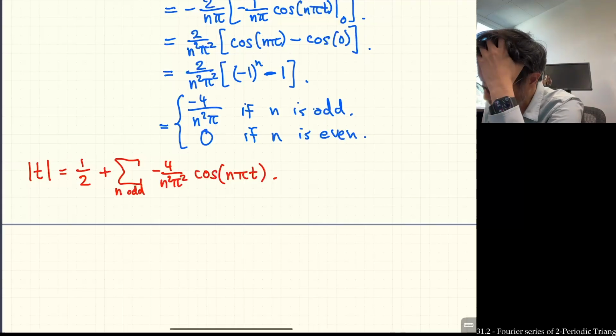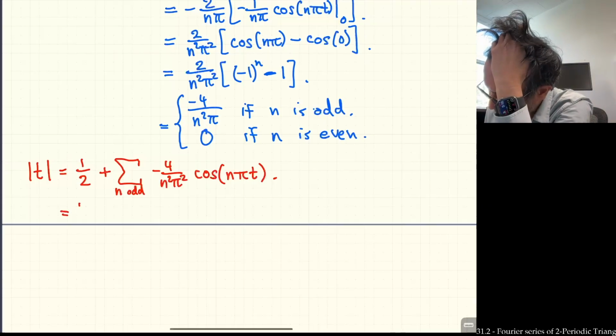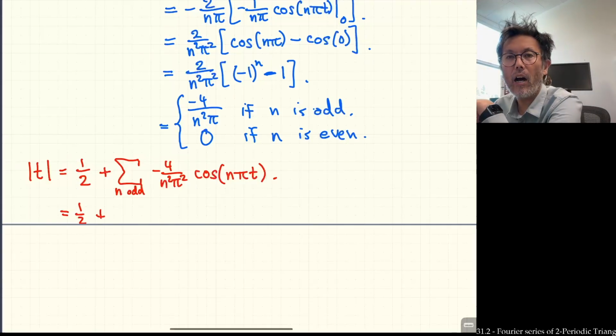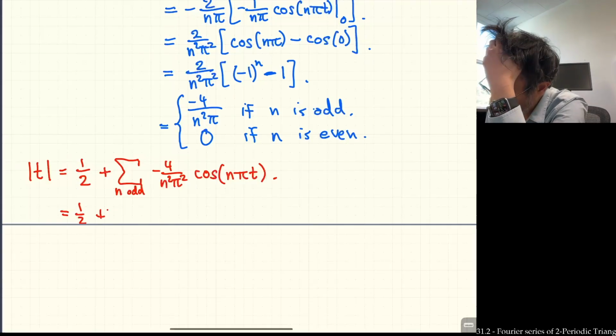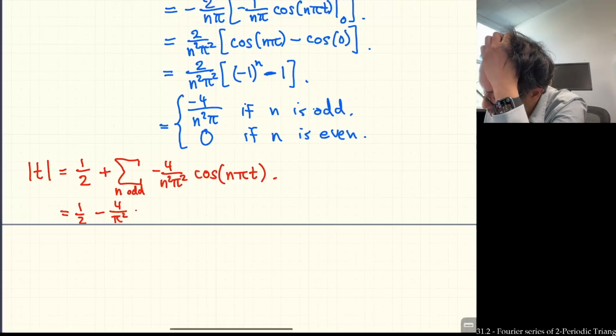So if I write out the first few terms, I get 1/2 plus, summing over n odd, the first term is -4 over pi squared when n is 1, times cosine of pi t.